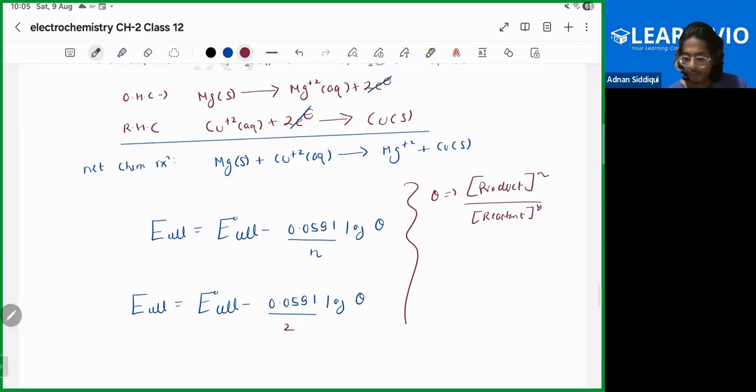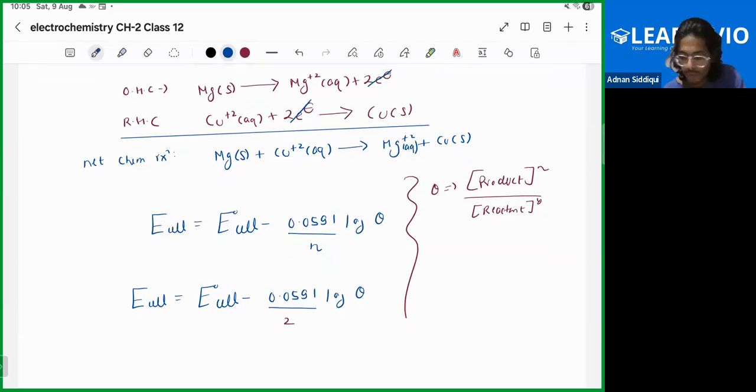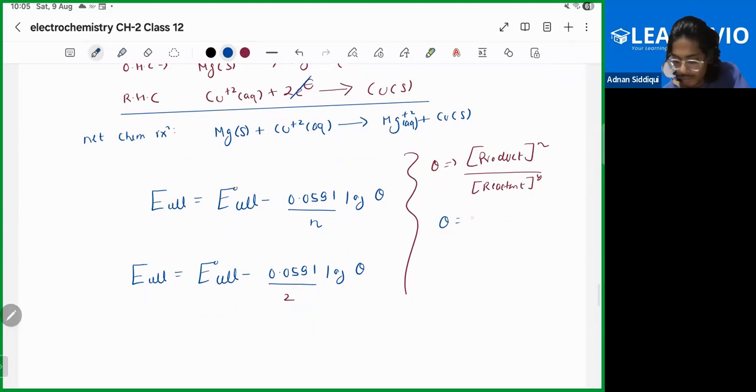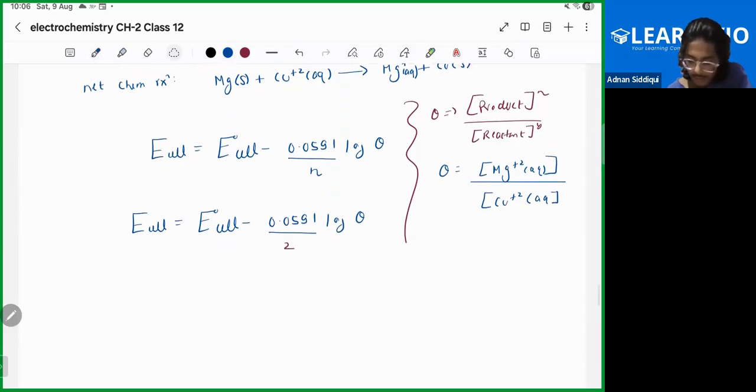On the product side, we have Mg2+ and Cu. I told you that for the solid the value is unity, which is 1, so we don't have to consider it. We are going to consider only the aqueous species, which is Mg2+, and we will write it like this, divided by the concentration of Cu2+. Is it clear? Yes, sir.